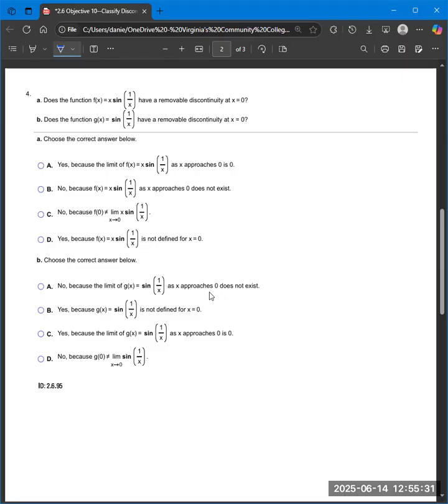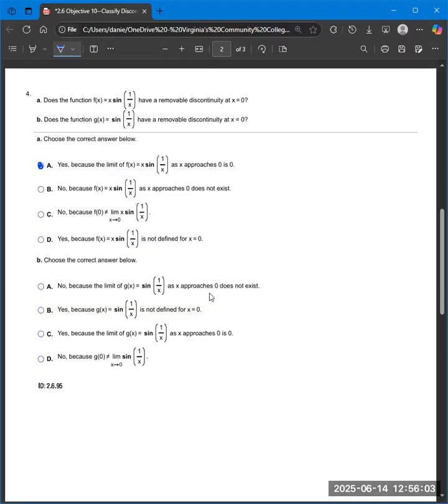This is 0 times something between -1 and 1. That's going to go towards 0. So although it's not defined because of this 1 over x at 0, we know it's getting closer and closer to 0 because of this 0 multiplier that's here. So that's A. It has a removable discontinuity because the limit of x sine of 1 over x as x approaches 0 is 0.